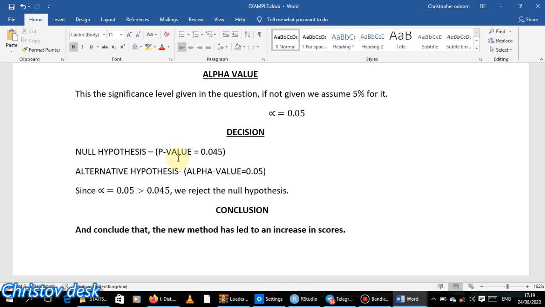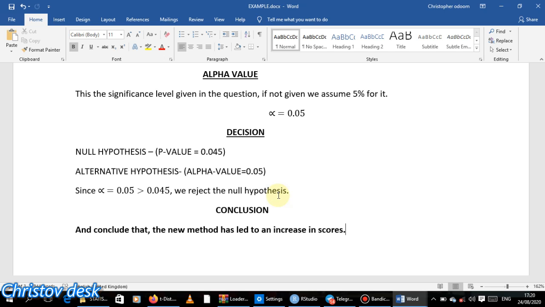If I have a higher probability of being true, then I'm definitely true, isn't it? If I have a lower probability of being true, then definitely I'm false. So when you compare, 0.045 is the probability that the null hypothesis will be true, and the probability that the alternative hypothesis will be true is 0.05. That means the alternative hypothesis has some substance of being true. In that case, I'll reject the null hypothesis, isn't it? I reject the null hypothesis.